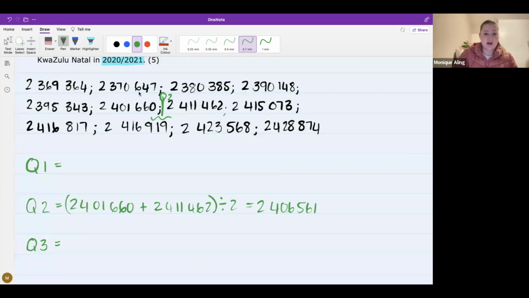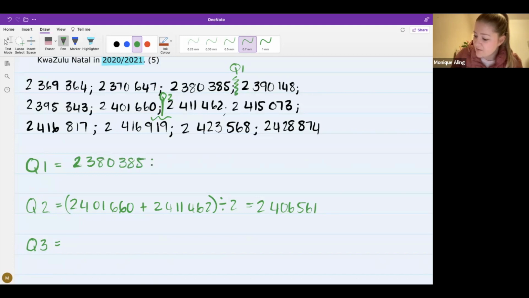Okay, so for quartile 1, it's between these two numbers here. So it is 2380385 plus 2390148. Add that together, divide by 2.